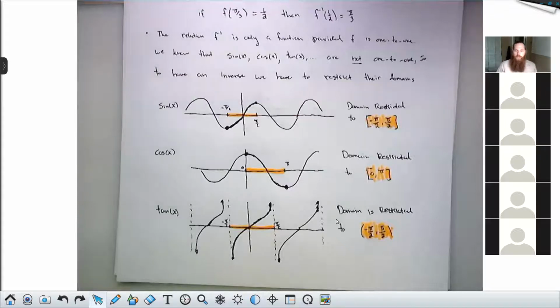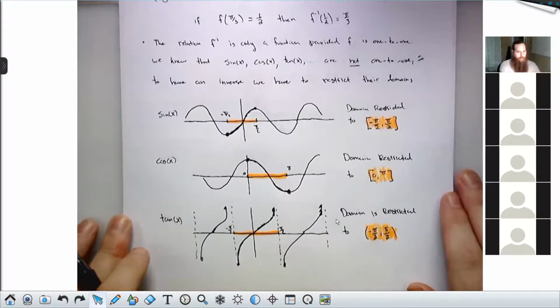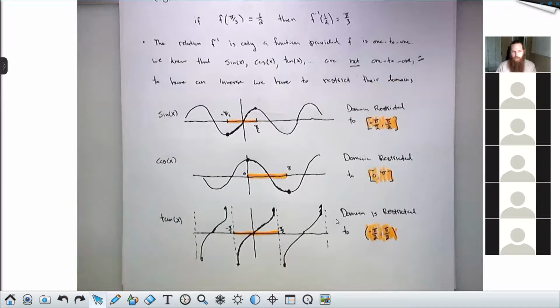Are there any questions about what it is that I'm describing here? These domain restrictions? We all remember what one-to-one functions are? And can we all see that if we focus just on this piece, this piece is 1-to-1, even though the whole function isn't?